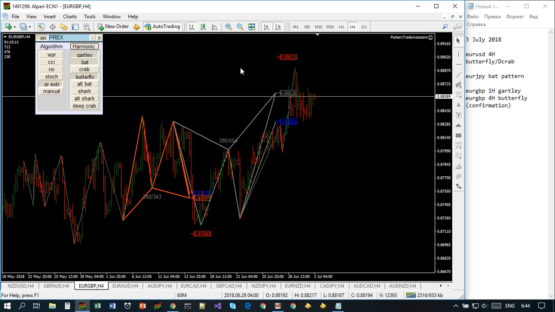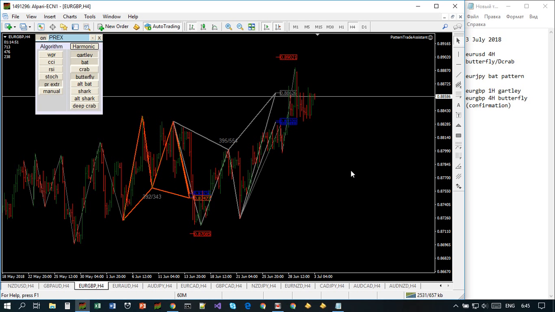So every pattern has its invalidation point, and how far will you allow the pattern go beyond the invalidation point is still considered a valid pattern. What is your own buffer for that? It is up to you, and it should be based on your back testing.